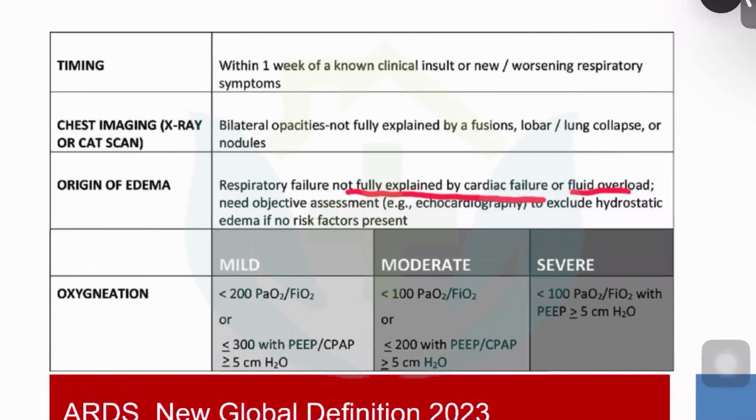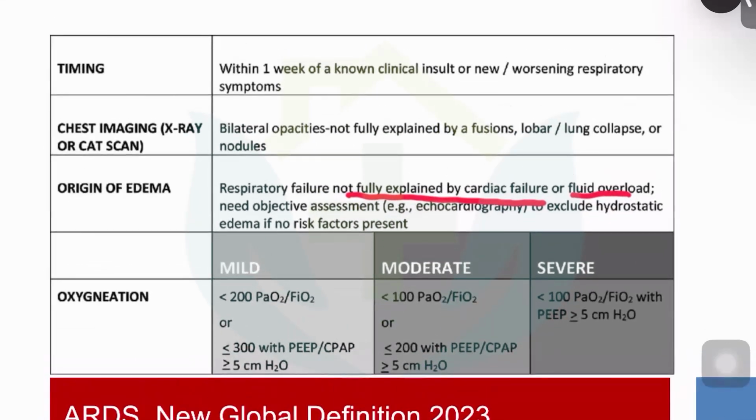And oxygenation was basically the hallmark of diagnostic classification, whether it was mild, moderate, or severe. Whenever the PaO2/FiO2 ratio was less than 300, it was called mild, less than 200, it was moderate, and severe was less than 100.